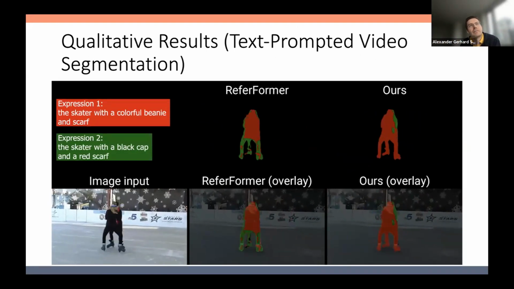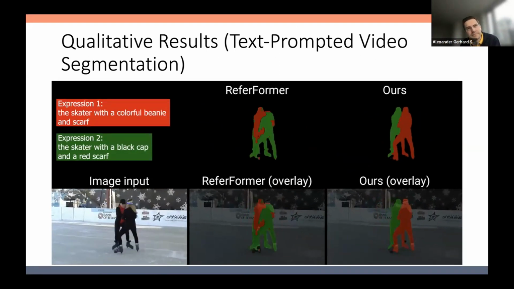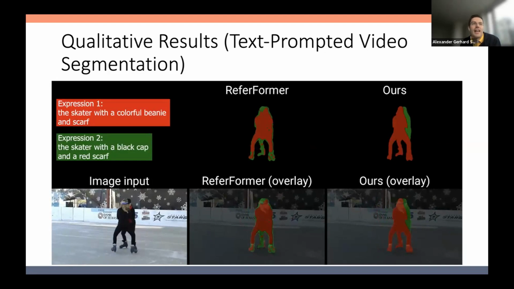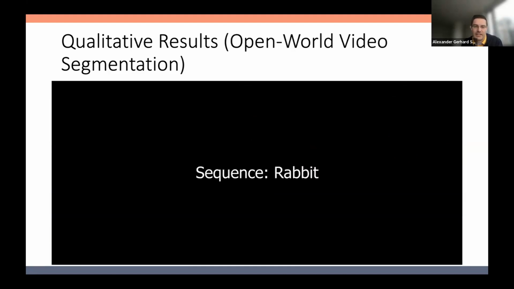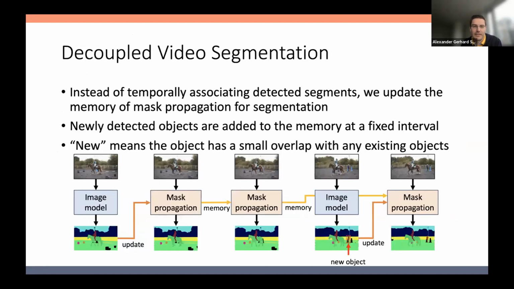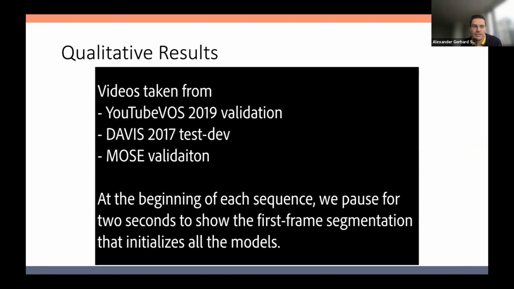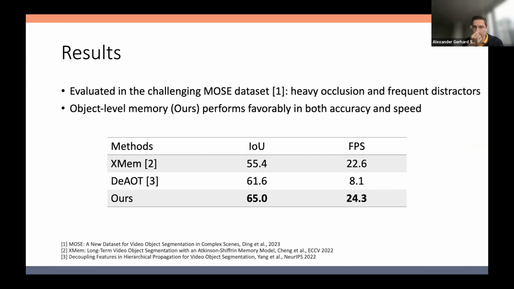Now, to your second question about evaluation, if we don't use any annotations, it becomes very hard to evaluate it in a quantitative way. The one data set I would want to point out is, I think I mentioned it on the slide earlier, the MOSE data set, where the authors spent quite a bit of time carefully annotating the data set.